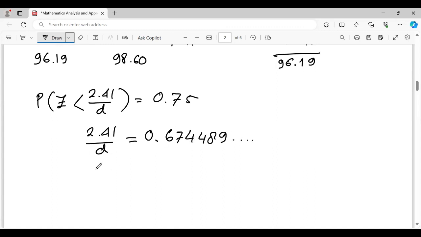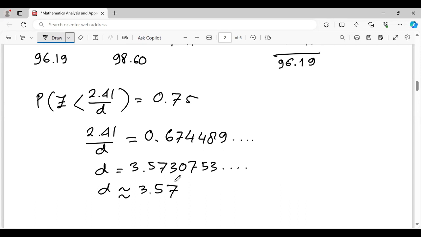If you're not clear regarding this part, you can email me, and I'm going to show you how you find the number through the calculator. But I think for those IBDP students, it is very clear. So D, rounded off, becomes 3.57.